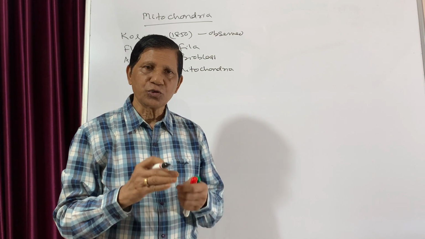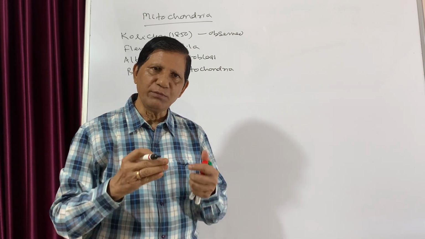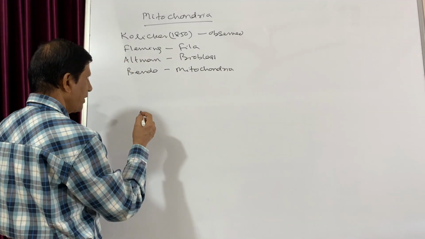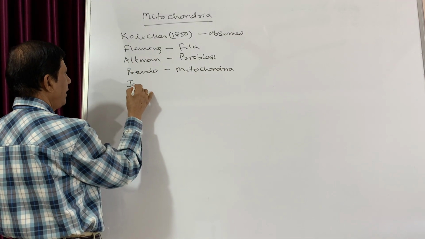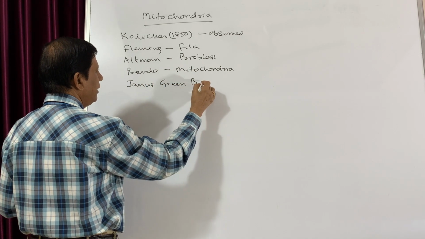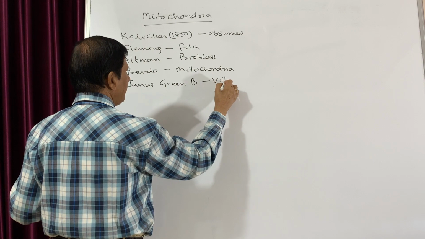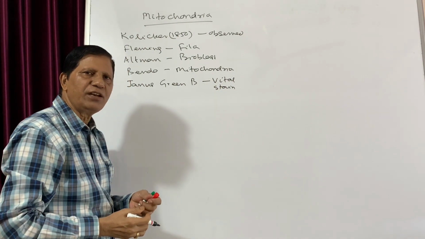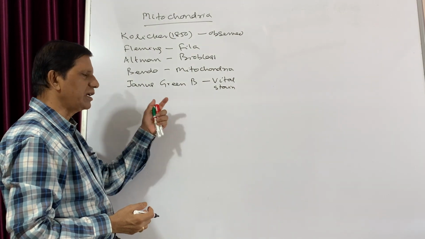But to study the structure of mitochondria within a living cell, we can use a vital stain known as Janus green B. If this is used, the cell stays alive and we can study the detailed structure of the mitochondria.